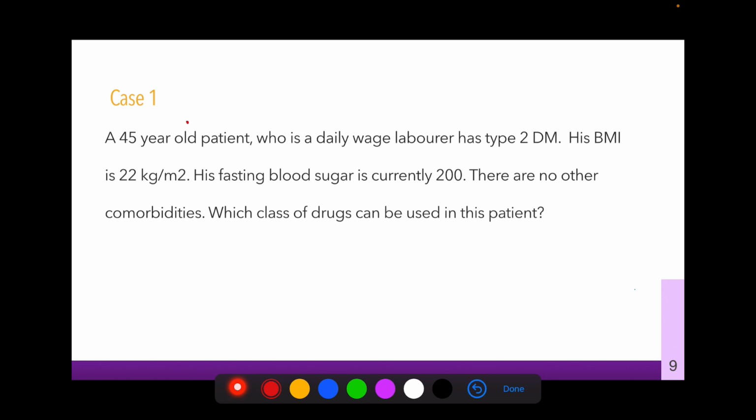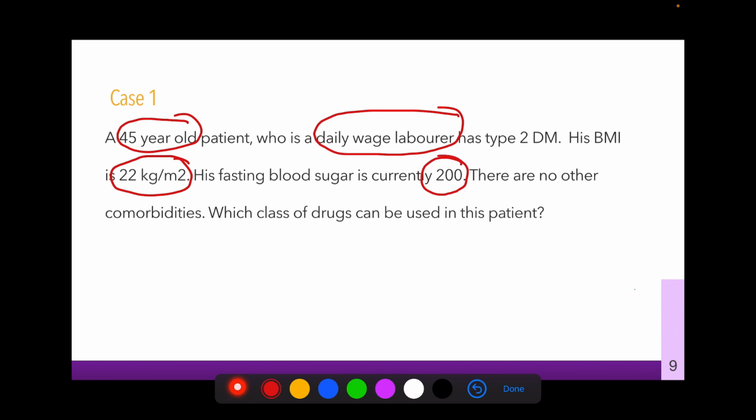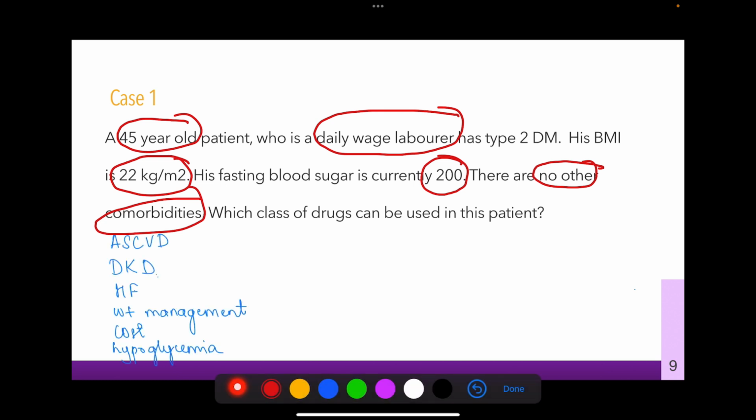Let's see, the patient is middle-aged. He is a daily wage laborer. BMI is 22, which is fine. Fasting blood sugar is 200. Then no other comorbidities. Which class of drugs can be used in this patient? Let's see. Do you want the patient to have less risk of ASCVD? I would say no, because the patient's weight is fine, he has no comorbidities.